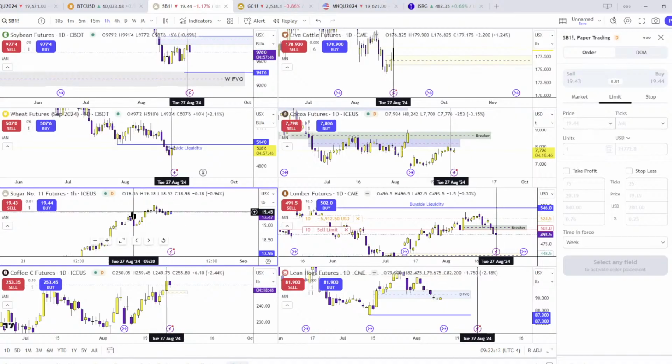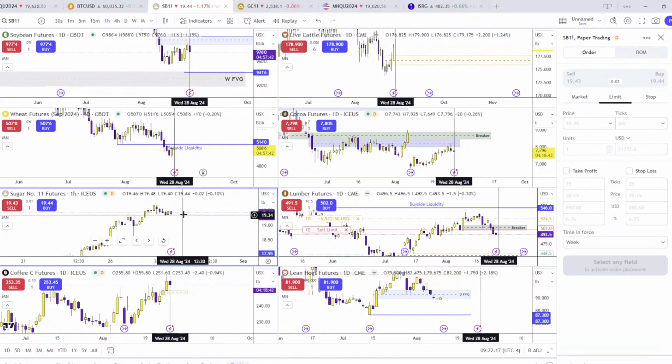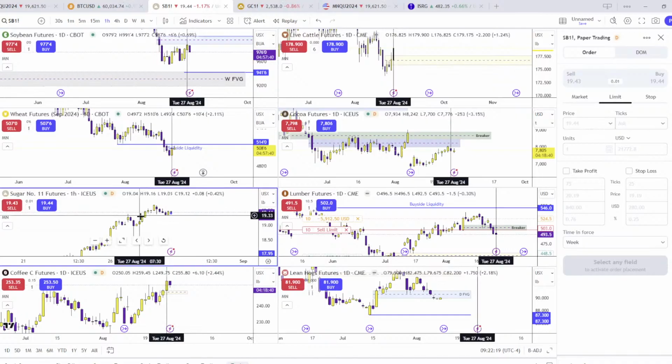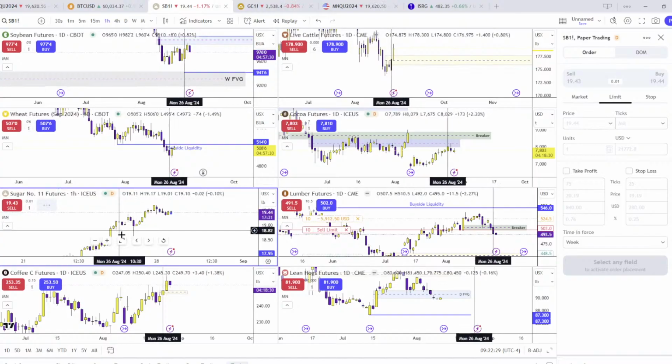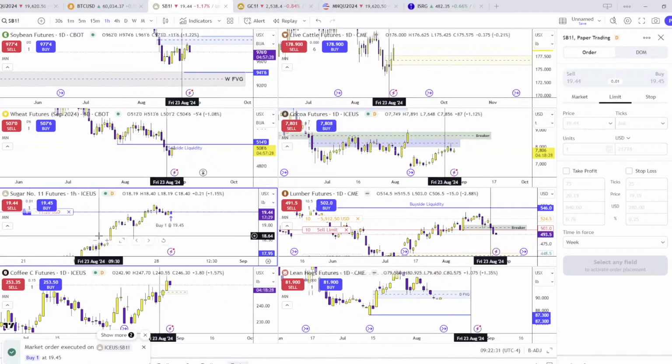So far, sugar's keeping its high open here. I'd like to see that start climbing higher now. And I don't want to see this fill. I want to see that just stay open now. That's actually a buy. I'm going to go with a buy on that. That's in a perfect position for a buy.